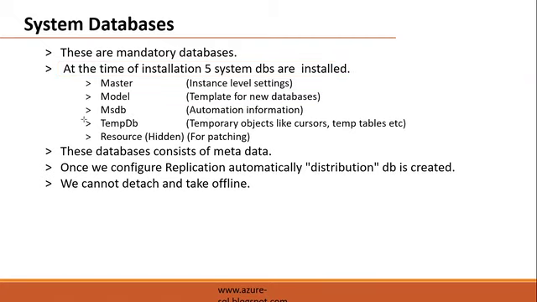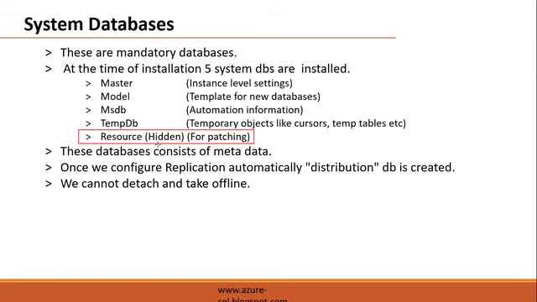Already we know the TempDB database maintains all the temporary objects. Whenever we restart SQL Server, we know that TempDB is cleared automatically. Next, the resource database is a hidden database.